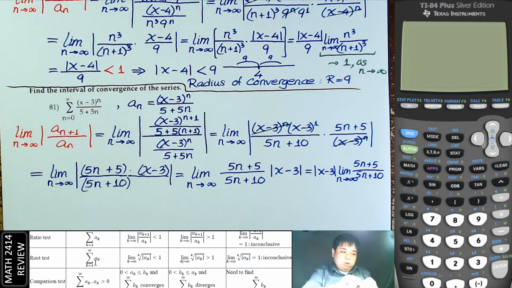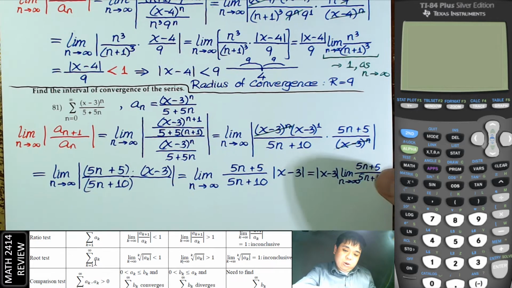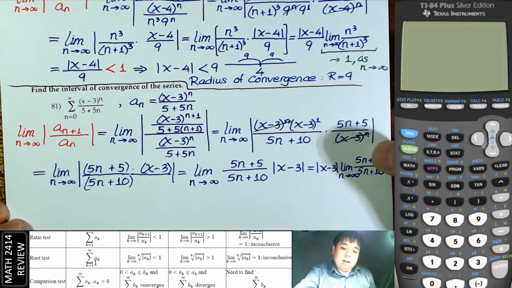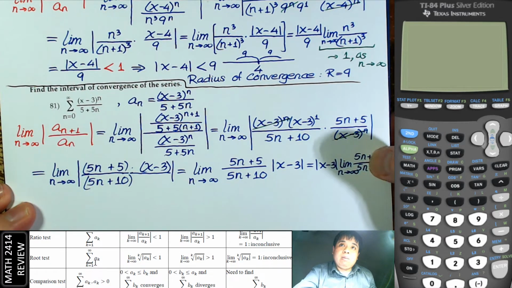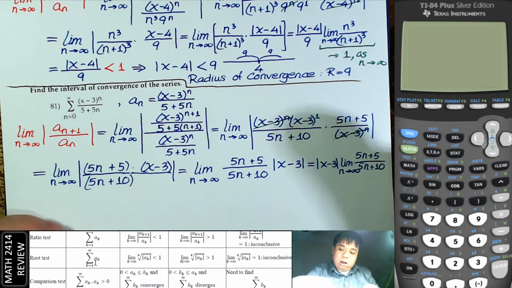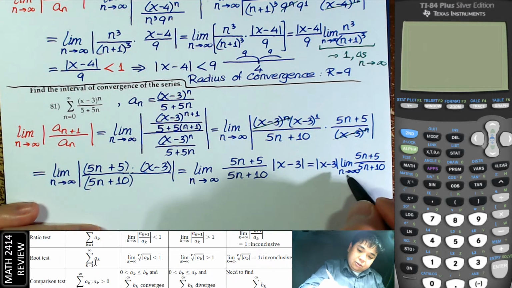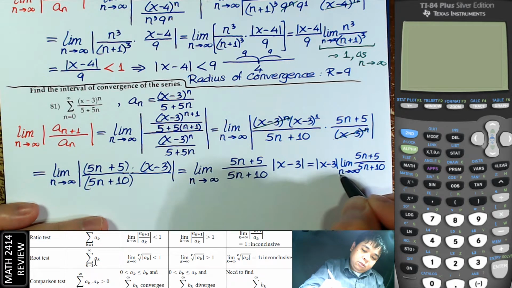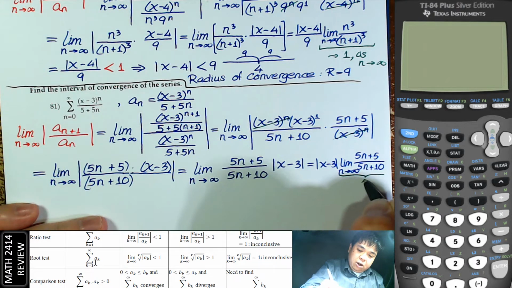Now, similar to the previous one, as n goes to infinity, 5n is significantly bigger than 5 and bigger than 10. So we just have 5n on the top and then 5n at the bottom. 5n divided by 5n is 1. So this limit is just 1.